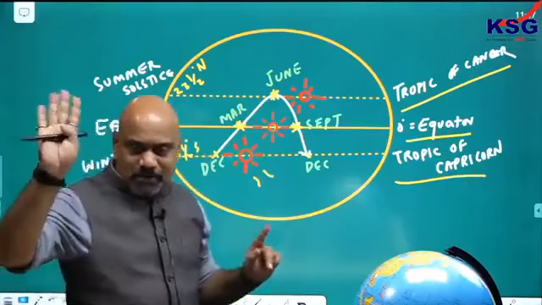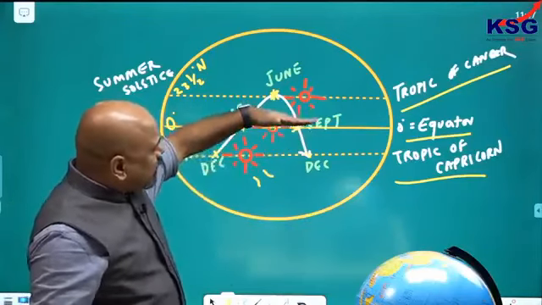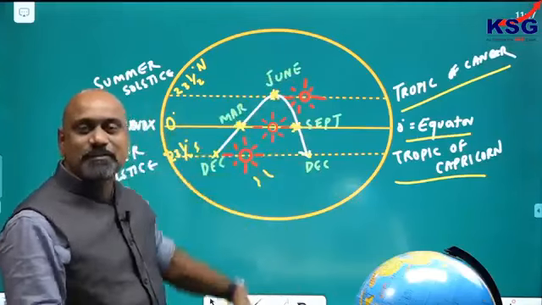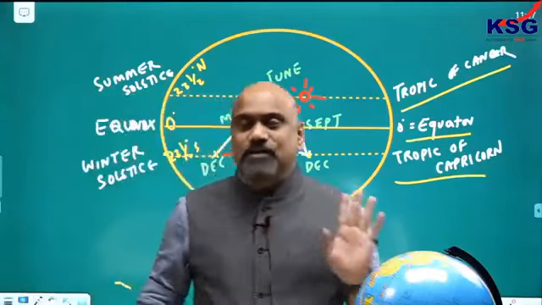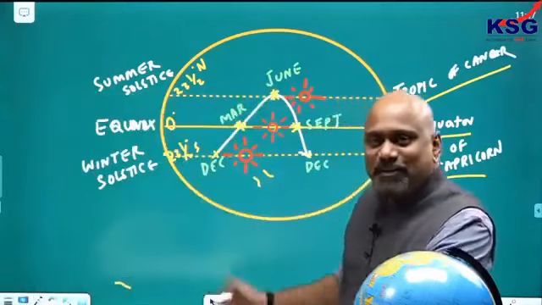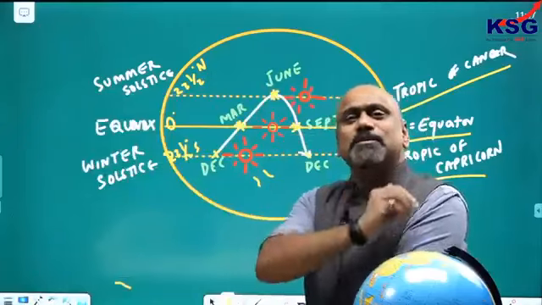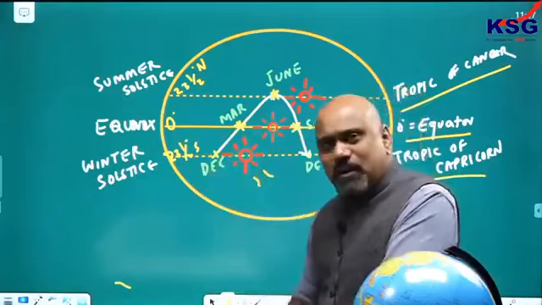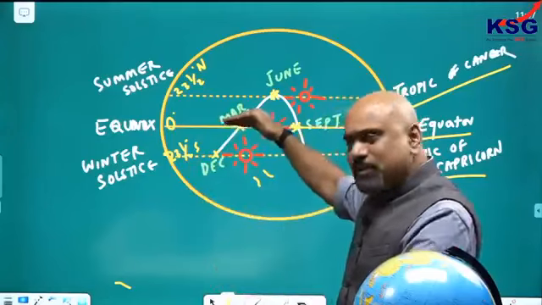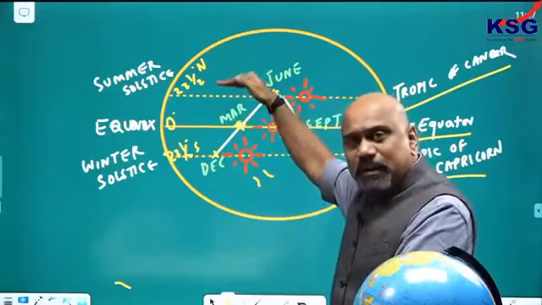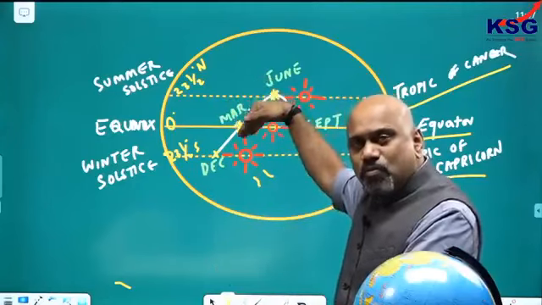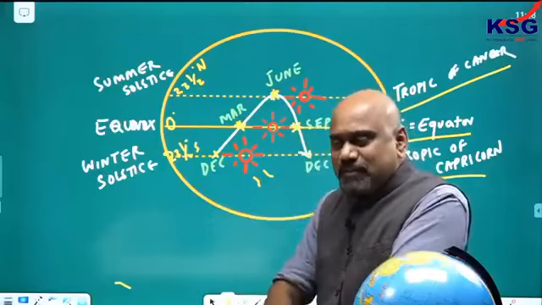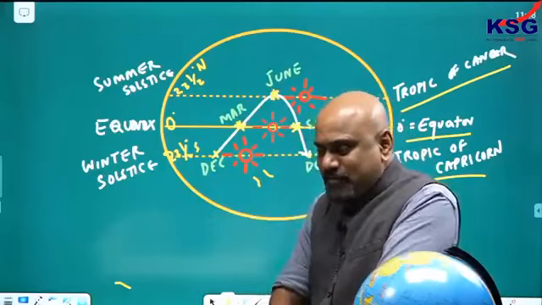So it is so beautifully designed by nature. With respect to the change in the position of the sun, the pressure belt system also moves north or south of the equator, and seasonal changes take place.